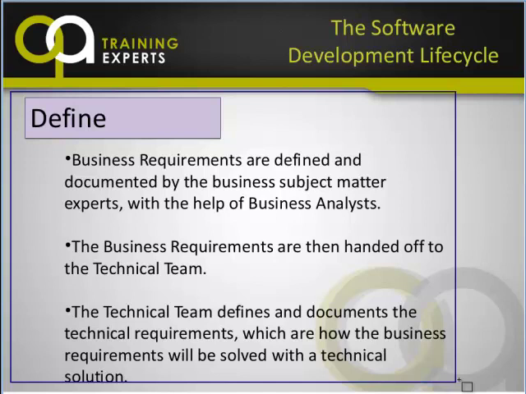We know a little bit about how those business requirements are going to be solved by technical requirements. A technical requirement would be the password is going to be between 6 and 13 characters. We're going to have the ability for the new user to check to make sure their ID is unique.